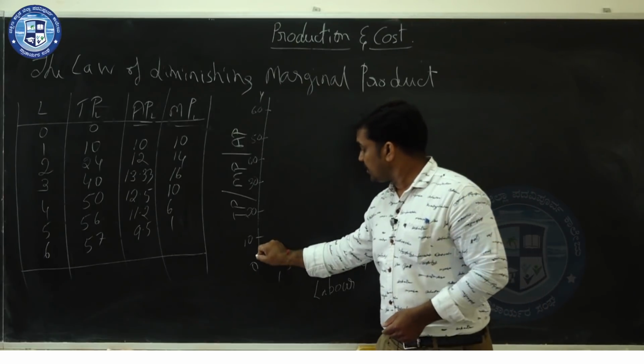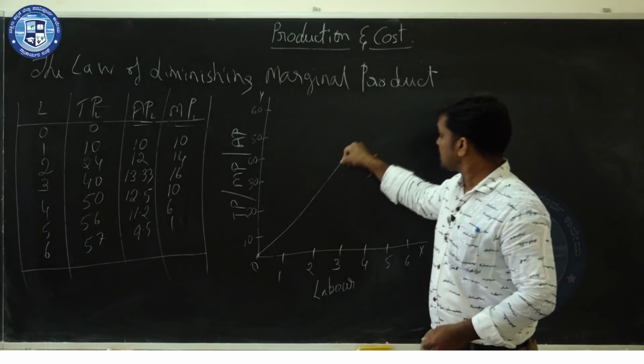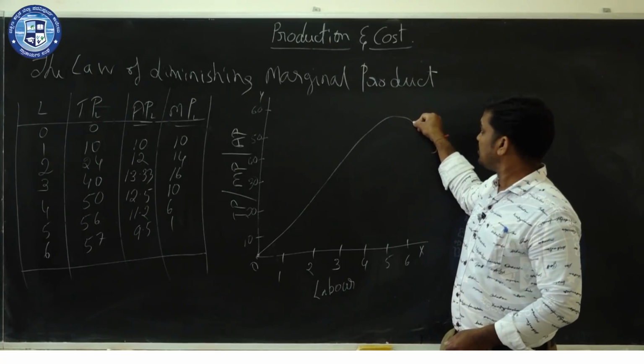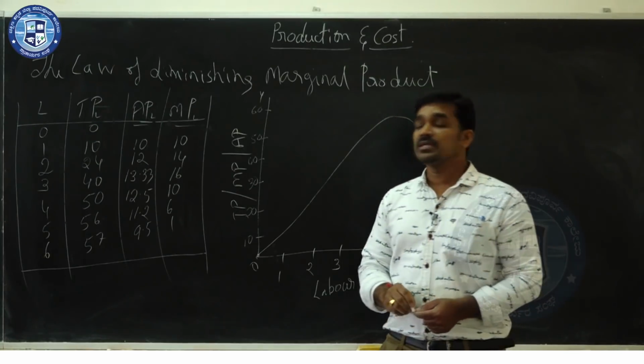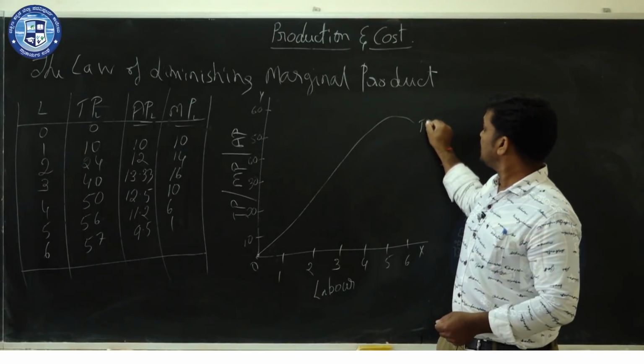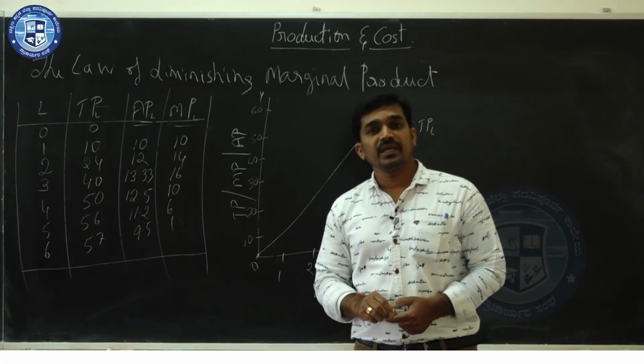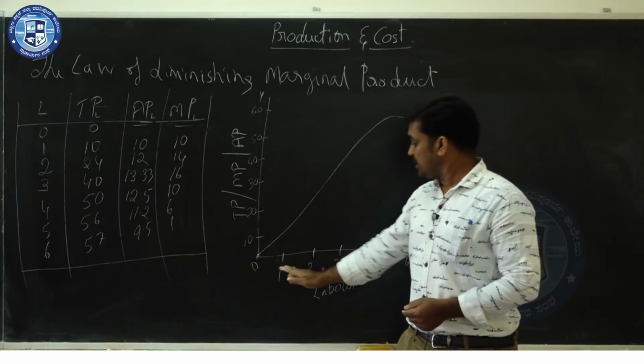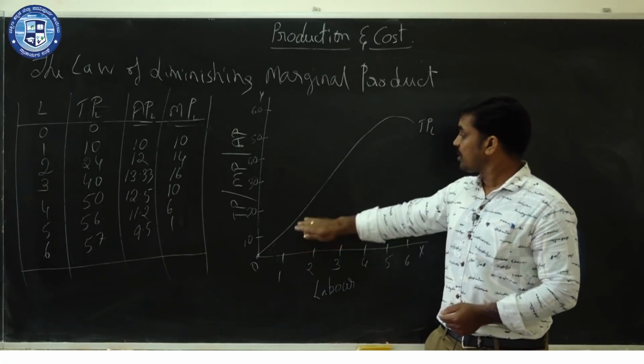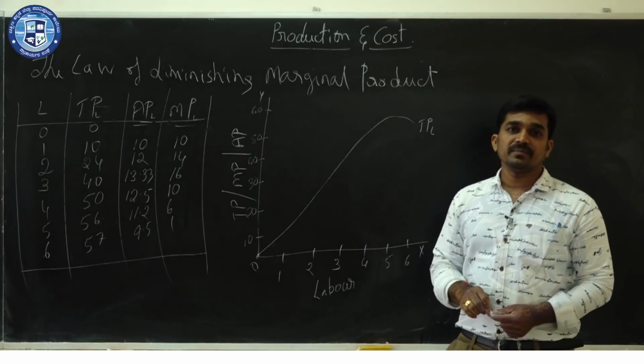Total product continuously increases and reaches a maximum. This curve indicates the total product of labor, or total product of the variable factor. With continuous use of labor, total product keeps increasing.